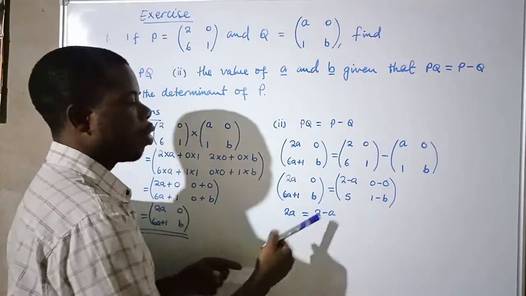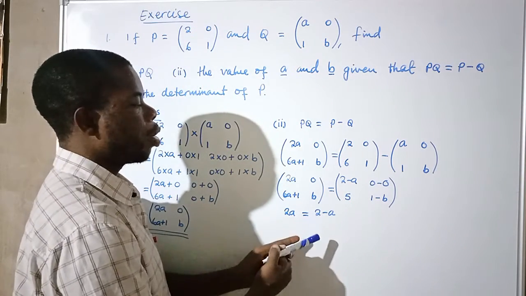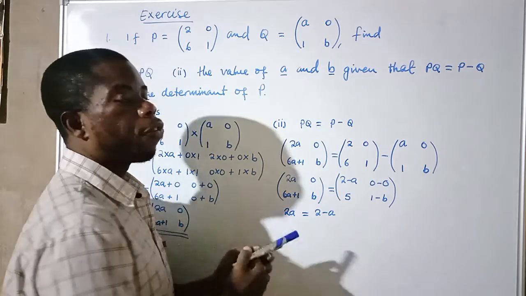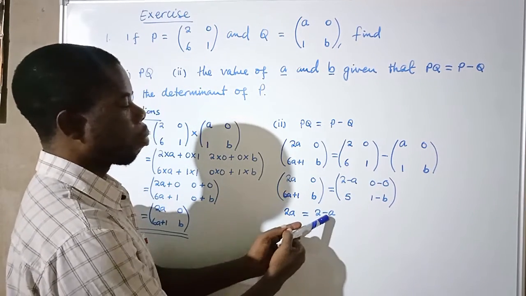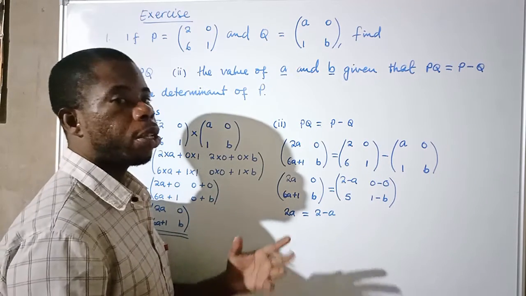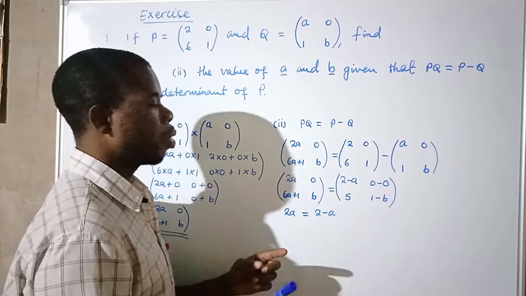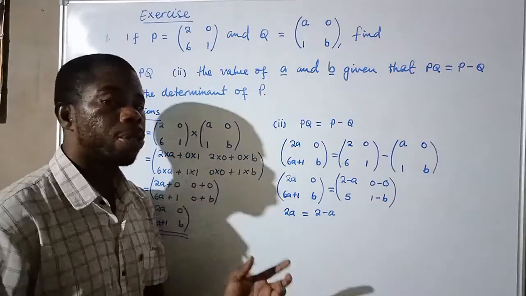Now, when we do like this, realize that we have an equation. So in this equation, we need to solve for the unknown. In this case, the unknown is A. So for us to be able to do that, we need to collect like terms. By like terms, we mean the terms that are similar.